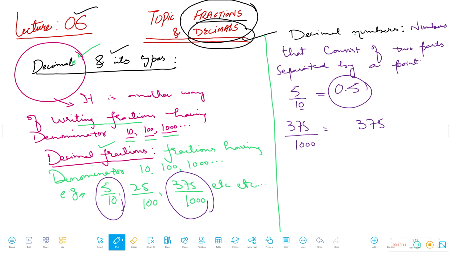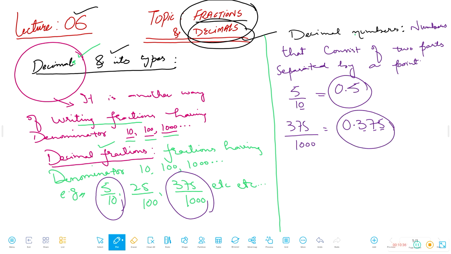Now how many zeros at the bottom? 3 zeros. That means I need 3 digits after the point, and I already have 3 digits. So after 3 digits, 1, 2, 3, I will put a point before these 3 digits. Nothing is before the point, so I can put 0. It is 0.375. Now this 0.375 is a decimal number.